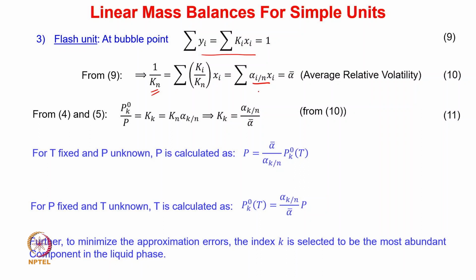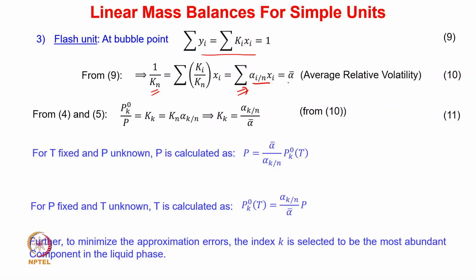This entire summation represents what? This is nothing but the average relative volatility, isn't it? We are summing up, finding the average relative volatility with respect to the mole fractions. So this is nothing but alpha bar, the average relative volatility. So 1 by kn is equal to the average relative volatility.